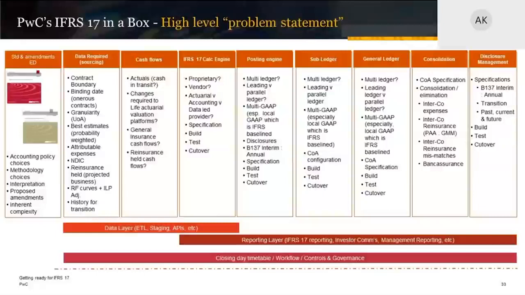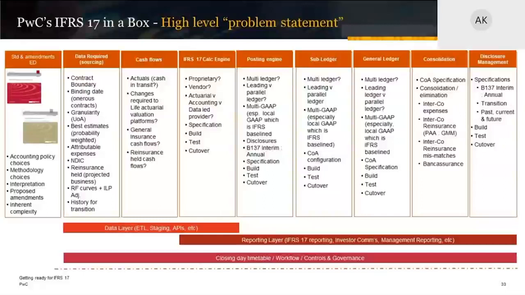But actually, if we break it down into the blocks that you need to implement, specifically given what has been said in the beginning, that in your region you cannot benefit from already existing, for example, Solvency II models, that means that IFRS 17 implementation addresses the full breadth of the activities that need to be undertaken.